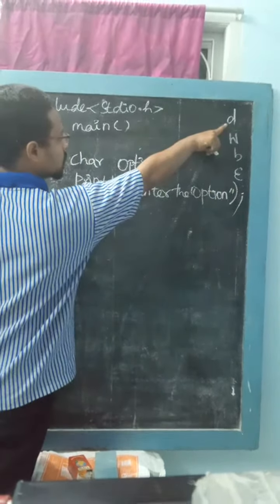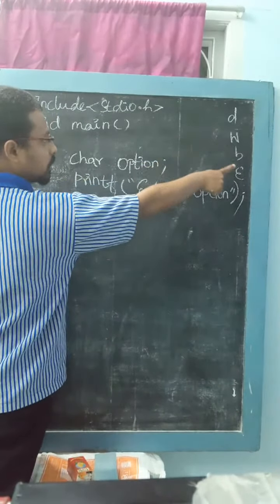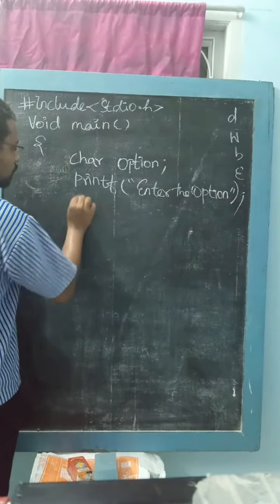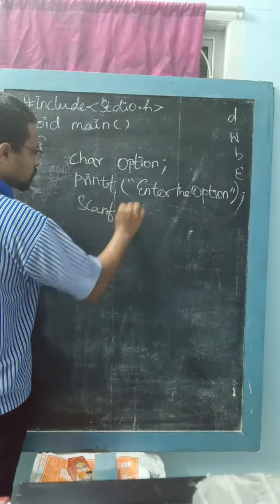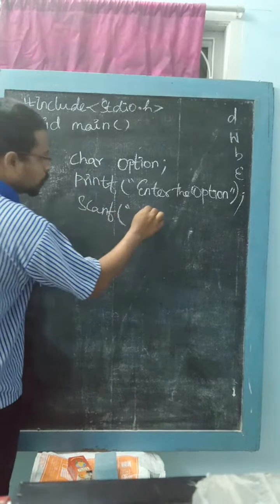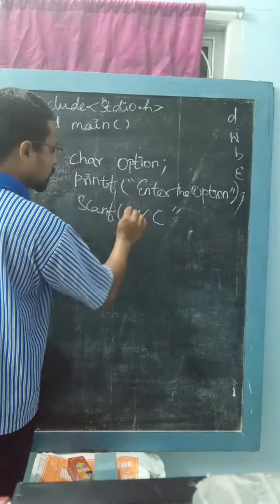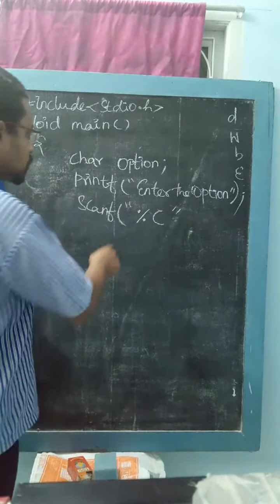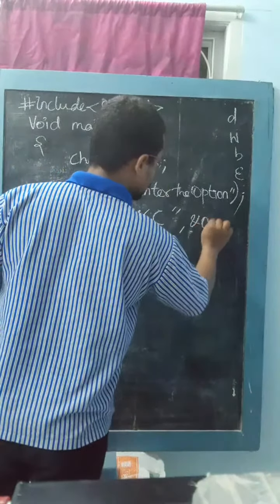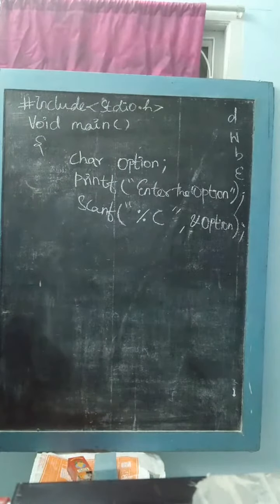There are so many options: D for deposit, W for withdraw, B for balance inquiry, and E for exit. Now scanf. In the case of character, we have to use %c. First time we are seeing character in our sessions, right? So %c, address of option.